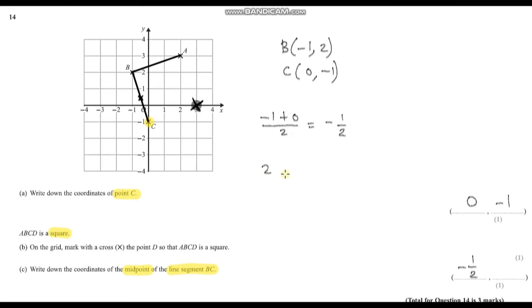So it's 2 plus -1 over 2. Well, 2 plus -1 is the same as 2 minus 1, which is 1. So that would be 1 over 2. Let's just double check that. That does look like it makes sense. We're going along -1/2 and we're going up 1/2. So that is our answer.